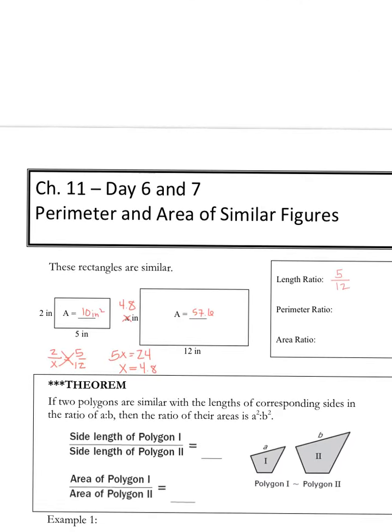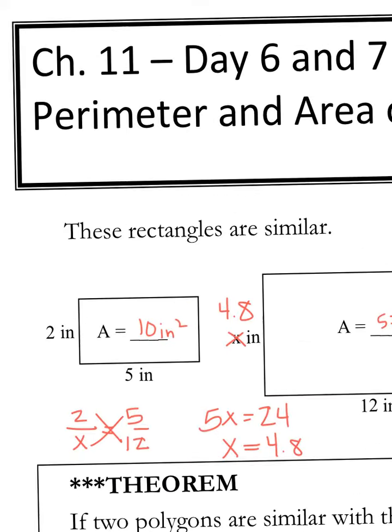Now perimeter ratio. So let's find this perimeter. So we have, this is 5. Let's do a different color here. This is 5, this is 2, so my perimeter here is 5 plus 5 plus 2 plus 2. So 5 plus 5 is 10, 2 plus 2 is 4, so that's 14 inches.